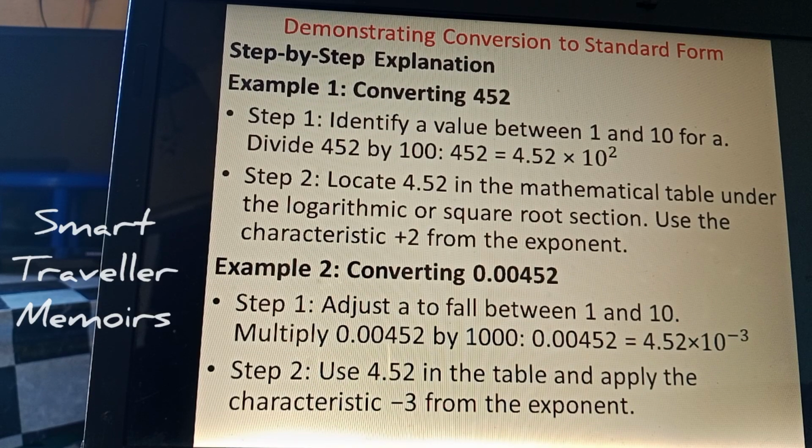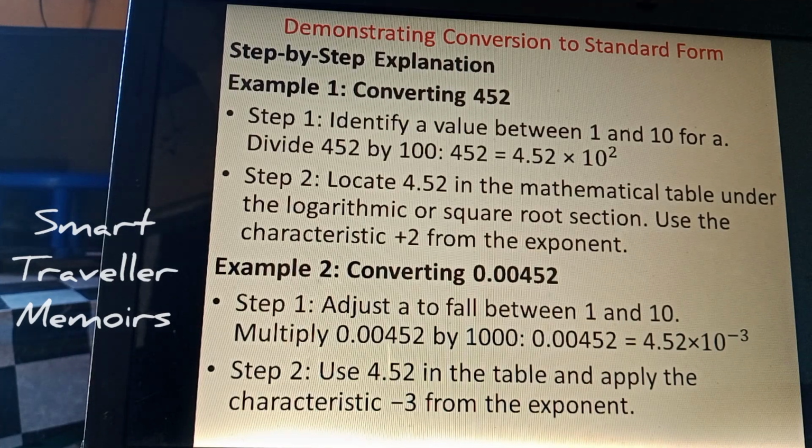Convert 452. Step 1, identify the value between 1 and 10 for a. Divide 452 by 100, so that you get 452 in standard form is 4.52 times 10 squared. Step 2. Locate 4.52 in the mathematical table under the logarithmic or square root section.